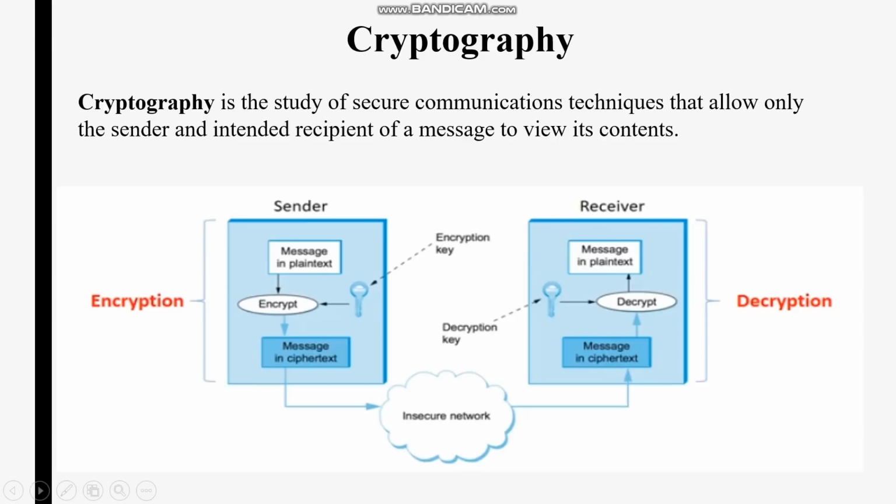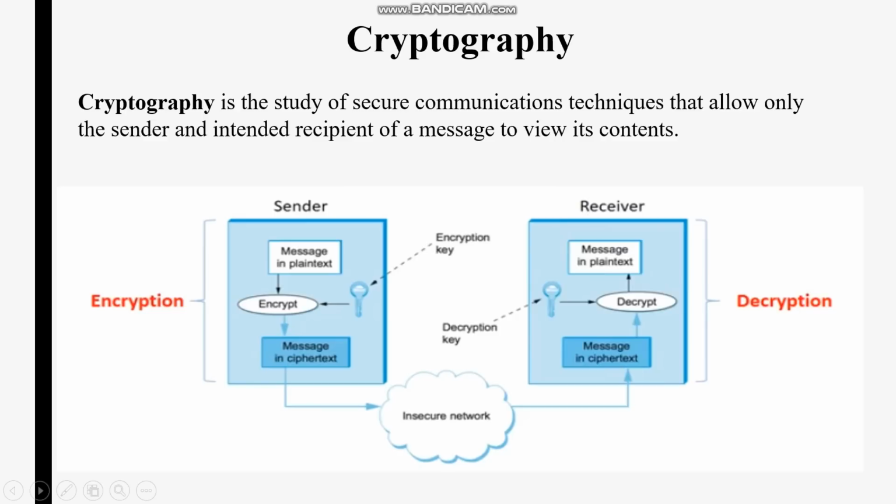Now let's look into this block diagram. In order to understand cryptography, there is a sender and a receiver. I have already explained what a plain text and a ciphertext are. Now the sender wants to send the plain text to the receiver. If he directly sends the plain text over an insecure network in the presence of a third party, the third party may have access to this insecure network and may use that plain text, though he is not authorized.